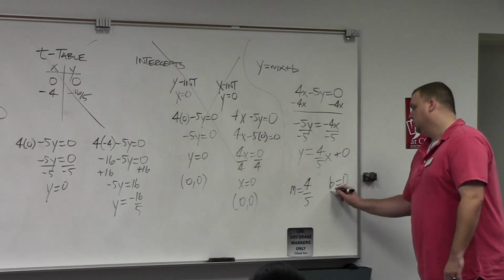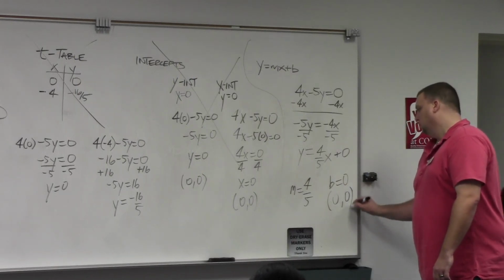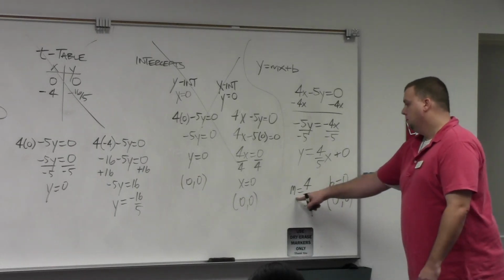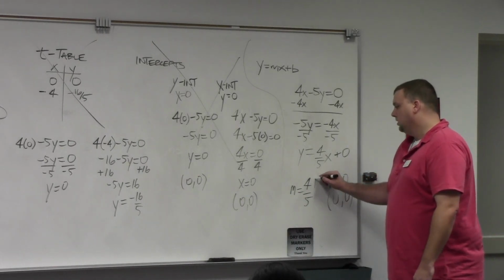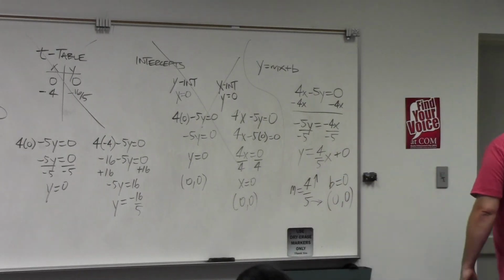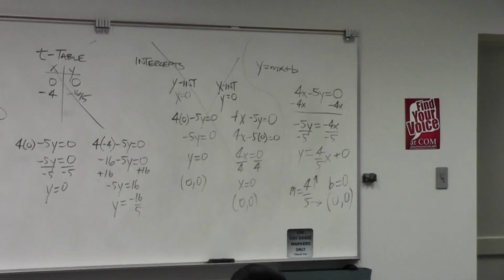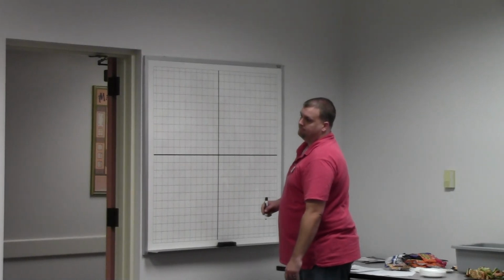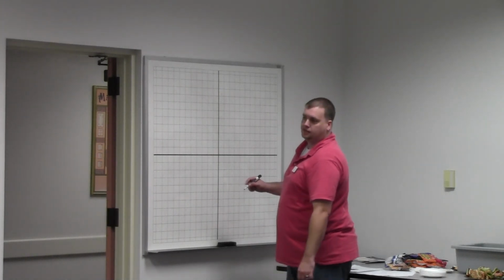So y-intercept of 0 is 0, 0. That's the origin. And a slope of 4/5, that means I'm rising 4 and running 5. So I'll go here. Where's my y-intercept at? 0, 0.